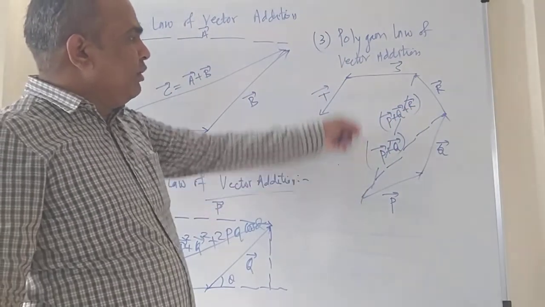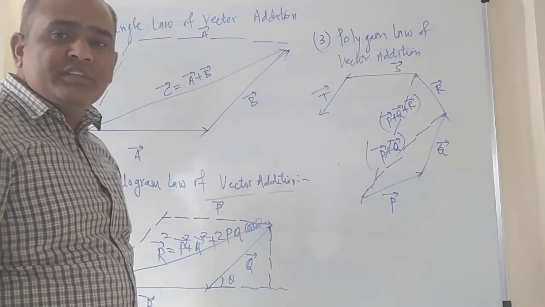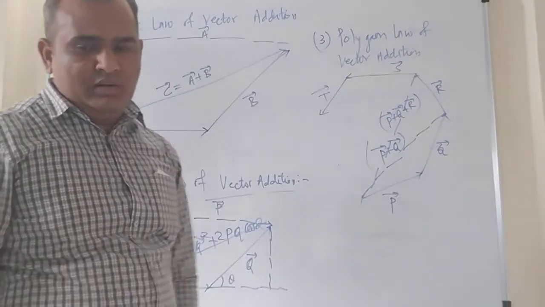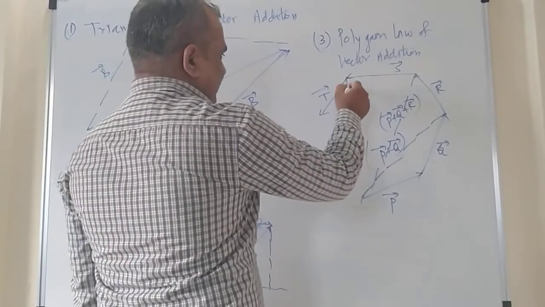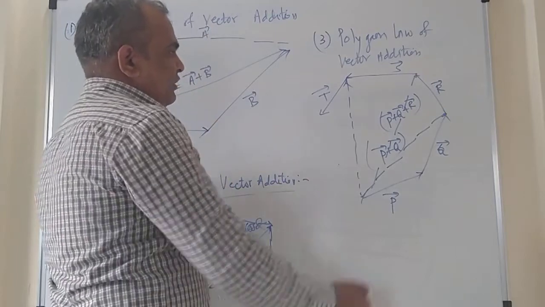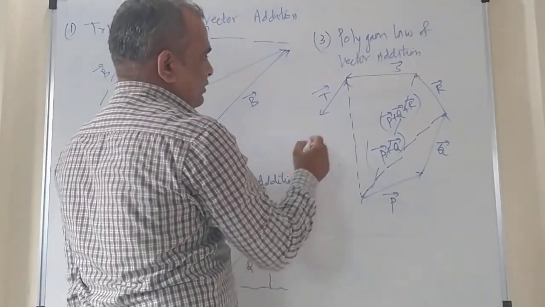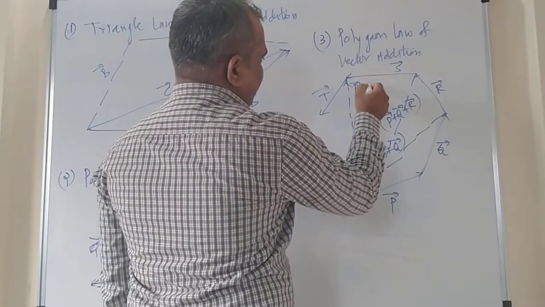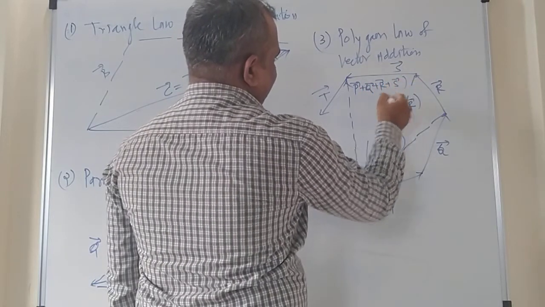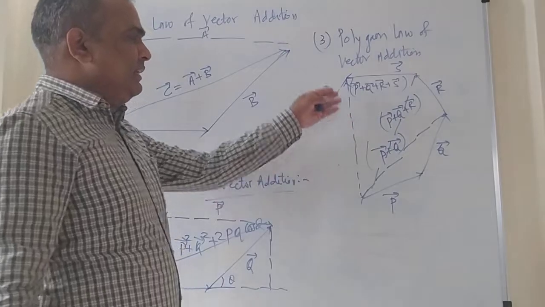Now you can draw one more resultant here, which includes S. That means P, Q, R, S is the addition of all. Got it? I need not write that because I don't have space, or I can write P bar plus Q bar plus R bar plus S bar. This will be the resultant.